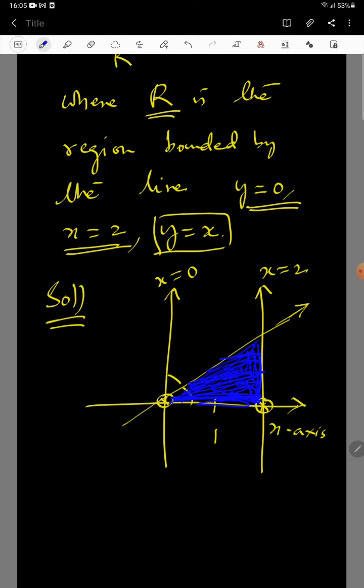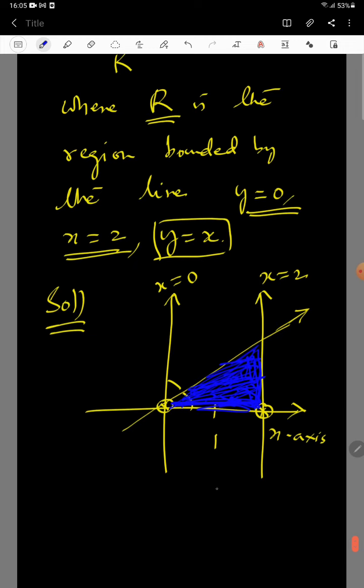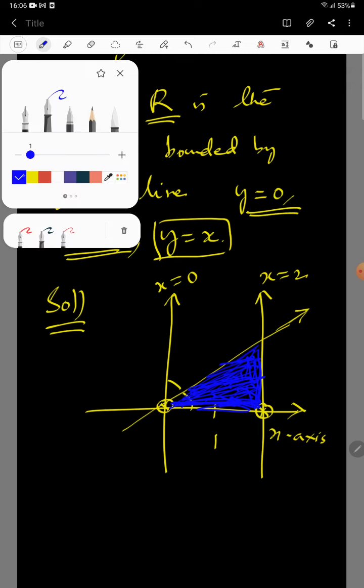What we are now going to do is write the limits. We have two approaches. First, take a strip parallel to the y-axis and then expand it, or first take a strip parallel to the x-axis and then expand. Both ways are possible. Sometimes one way will be better than the other, as the situation demands.